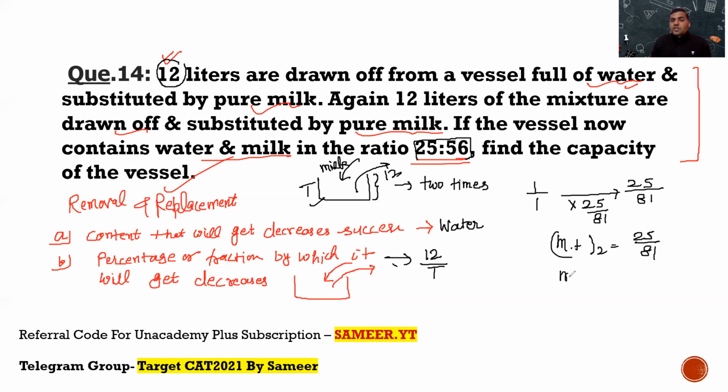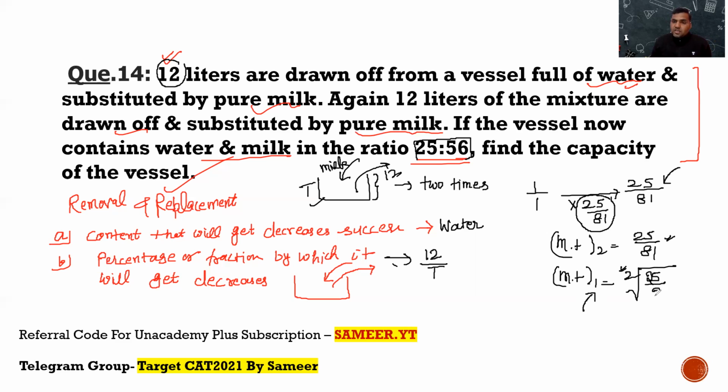If I do this operation only once, the fraction by which it will get multiplied will be the square root of 25/81, because it successively decreases by the same multiplying factor. If the same multiplying factor is applied 2 times and the resultant multiplying factor is 25/81, then to find the multiplying factor for 1 time, I just need to take its square root, which will be 5/9.